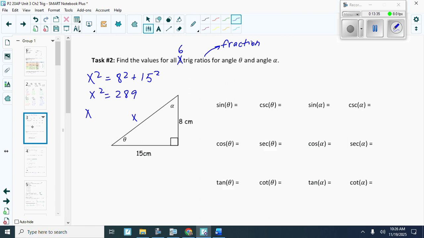Yes, you need to circle it and cross out the negative, because in this type of triangle, we cannot have a negative hypotenuse. So we have x is equal to 17.